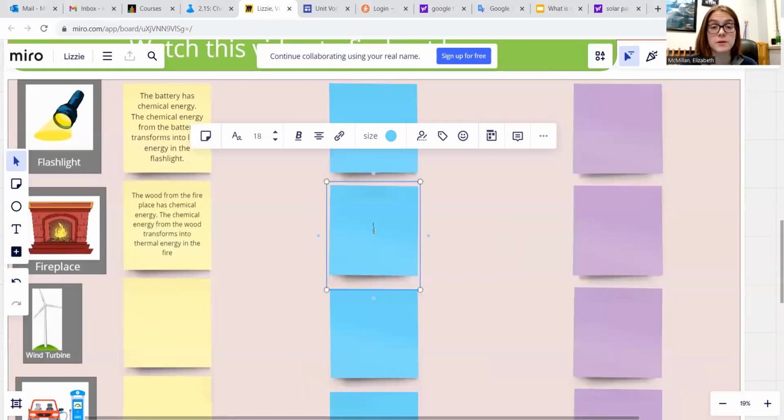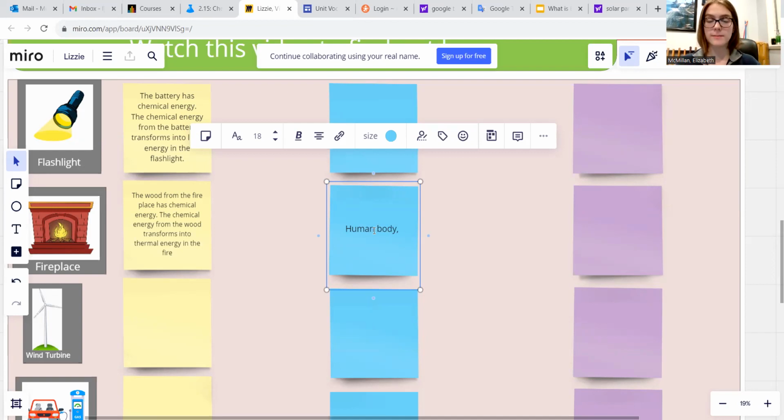I'm going to use the human body. Once you think of your example, you only have to write your example in the sticky note. You don't have to elaborate if you don't want to. I'm going to, because this is a trickier example, and it might help for other people to see why I wrote what I did.